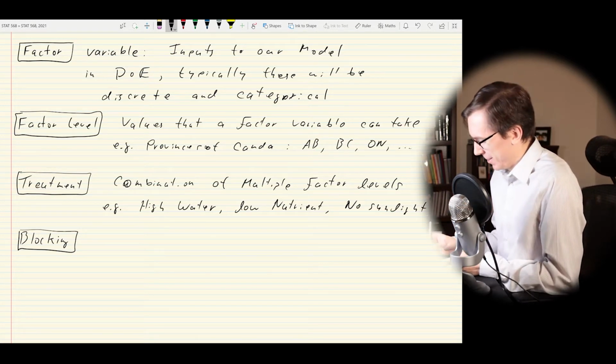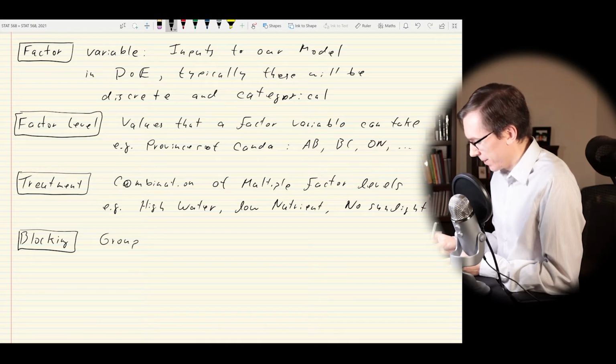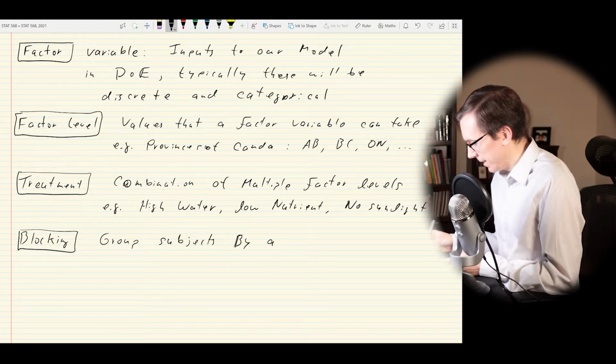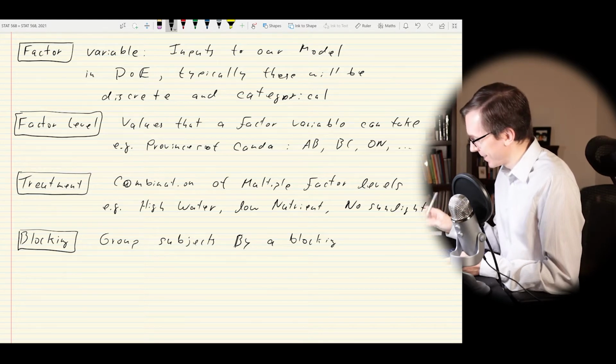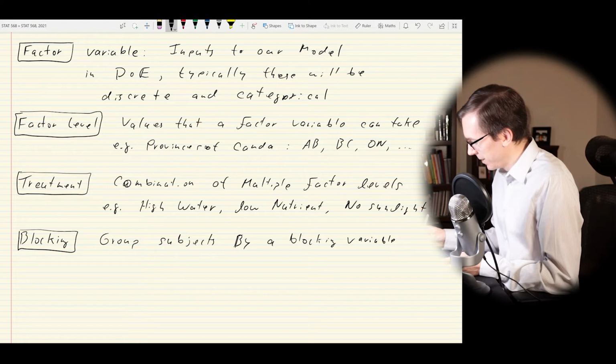So blocking is to group subjects by a blocking variable to reduce variability.